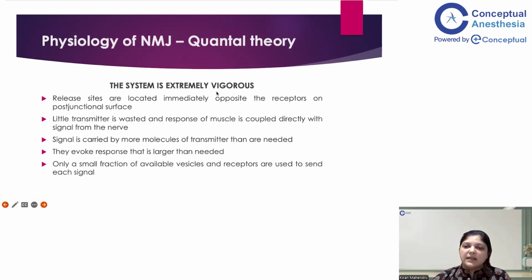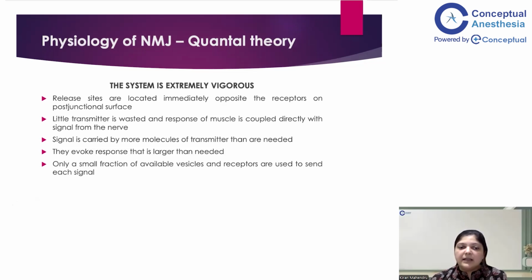What this shows is, as per the quantal theory, we know now that the system is extremely vigorous. As you can see in the neuromuscular junction, you have already seen the diagram, the release sites of the acetylcholine vesicles are located immediately opposite the receptors present on the post-junctional surface.